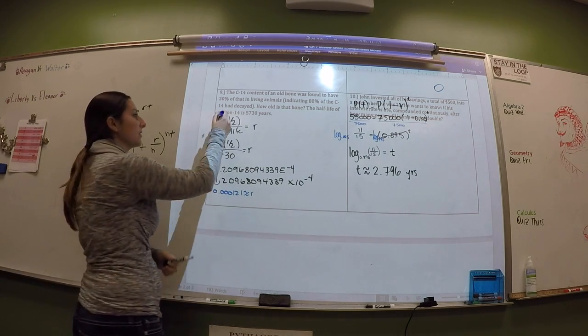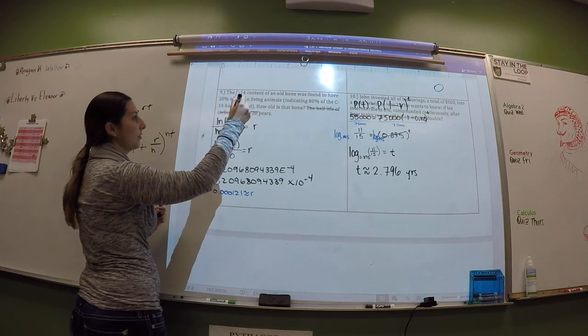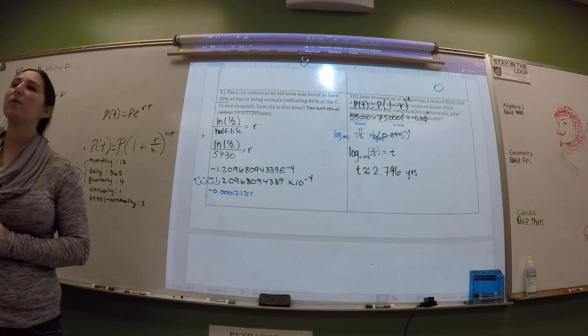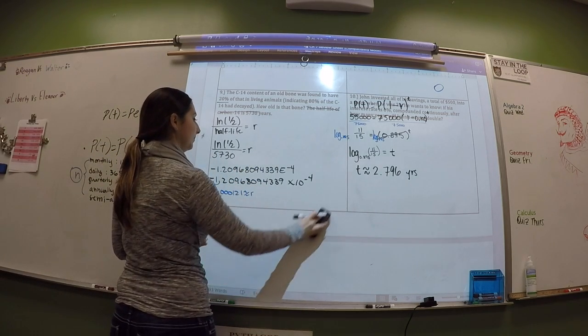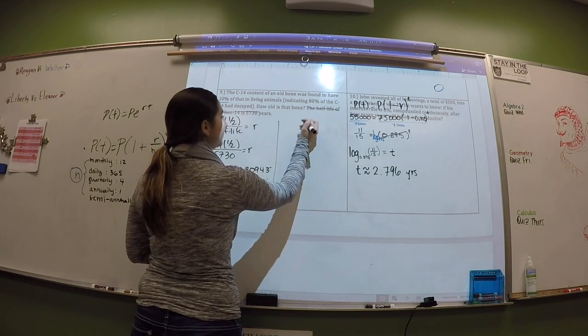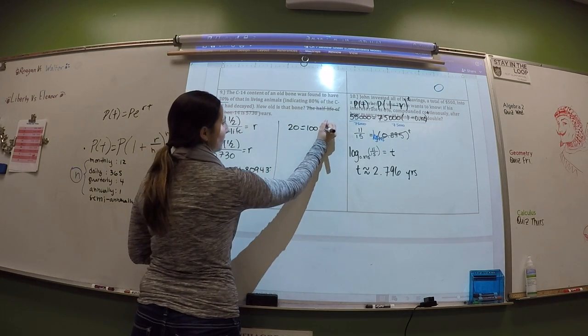So we've already used this. Now we're gonna answer the part where it says it's got 20% of that compared to living animals. When it was alive, it had 100%. Now it only has 20%.